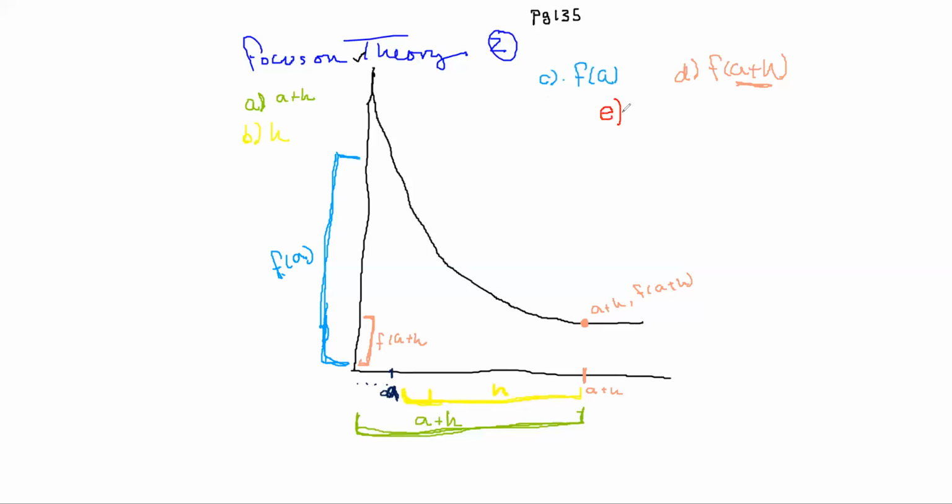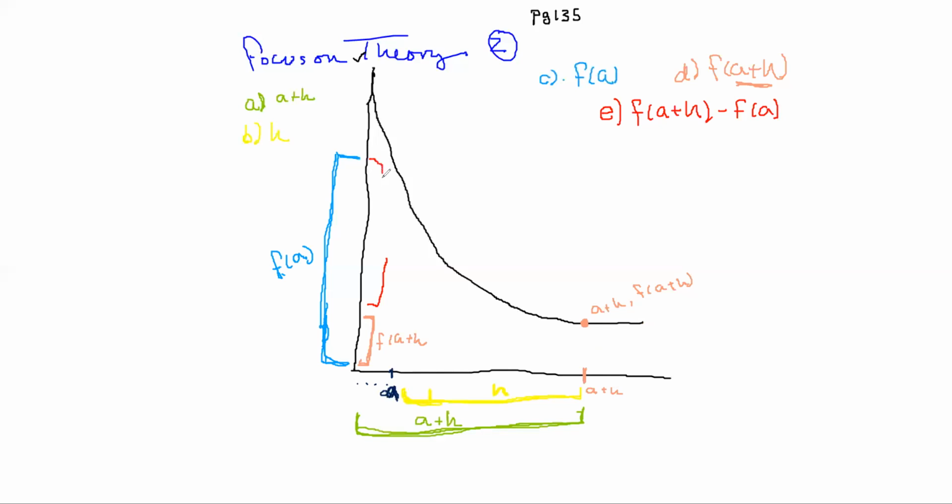So part E is going to be f of A plus h minus f of A. So that's going to be this region right here, right?